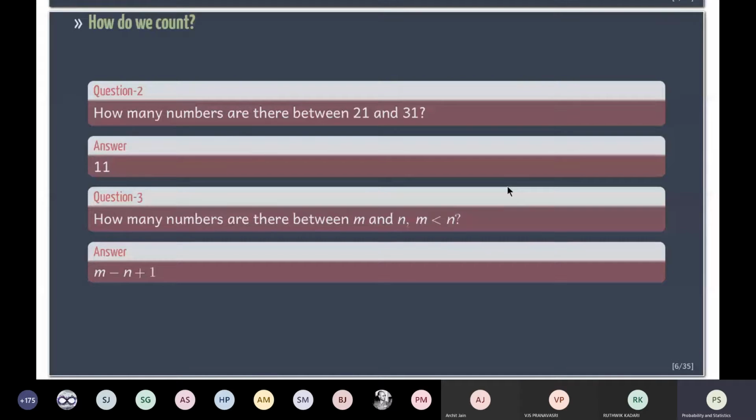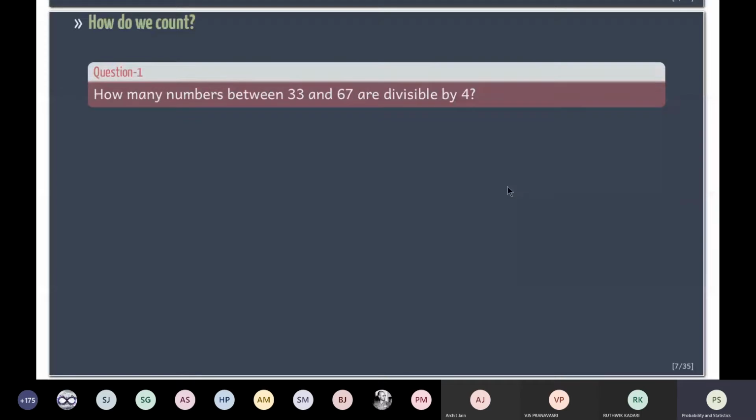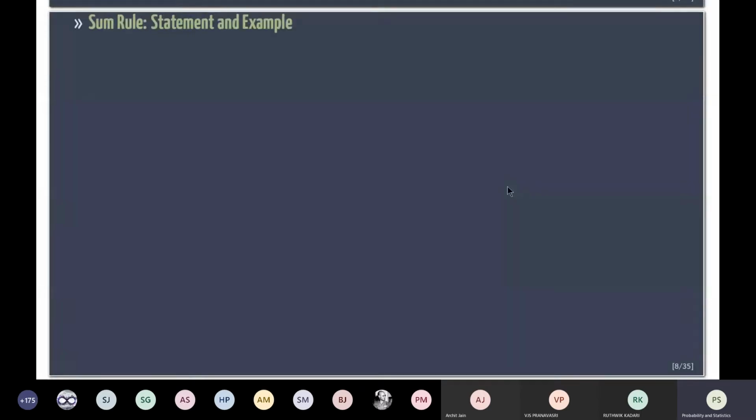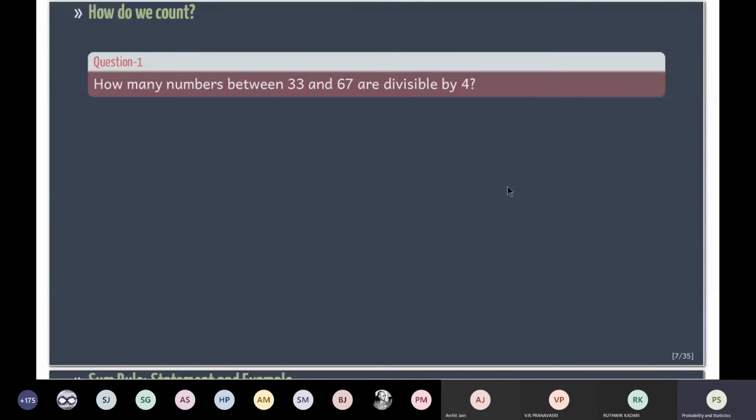How many numbers are there between 33 and 67 which are divisible by 4? In this case, how do we do the counting? What we really want is: what is the number greater than 33 and divisible by 4? That comes out to be 36.